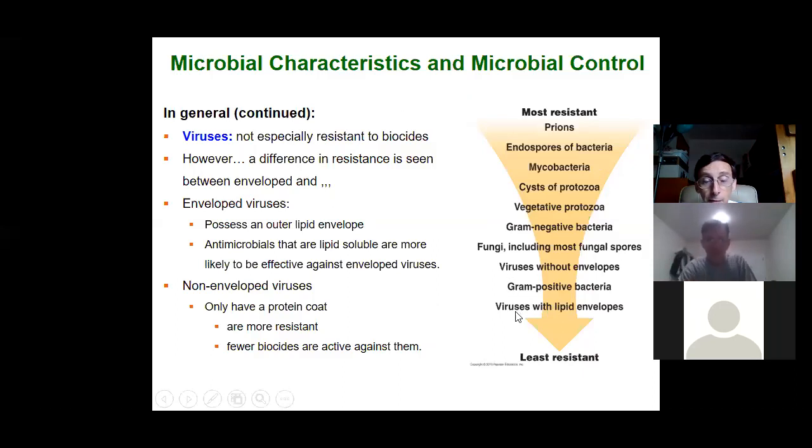The envelope of the virus tends to make it more susceptible than the naked virus. So we can destroy the envelope of the virus, and generally even hand washing destroys the lipid of the enveloped virus.